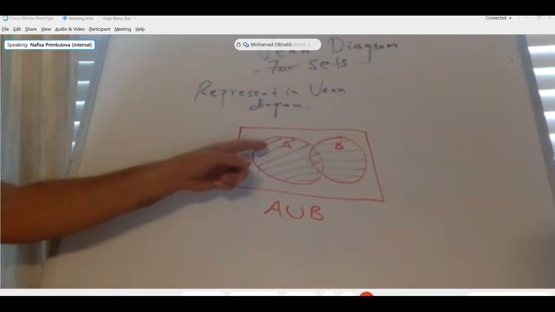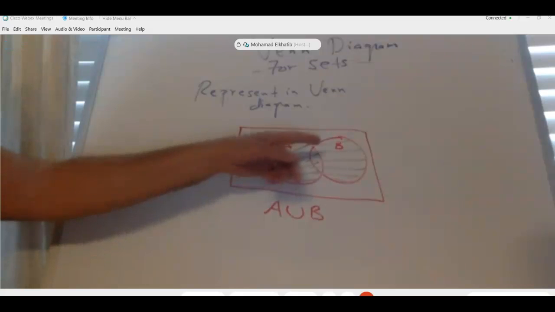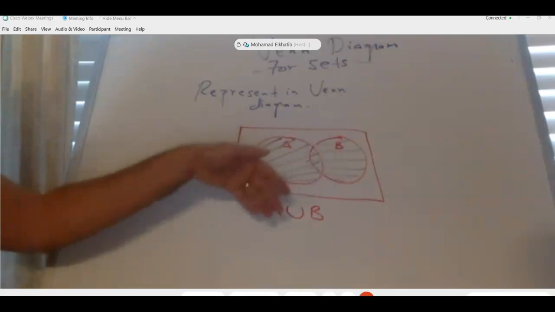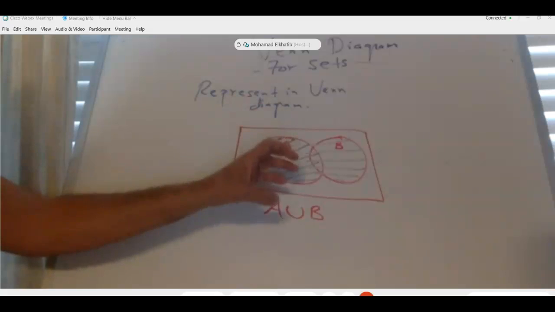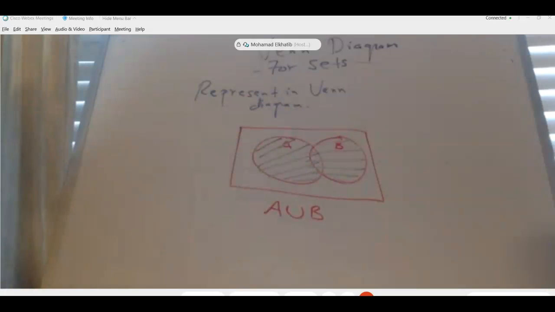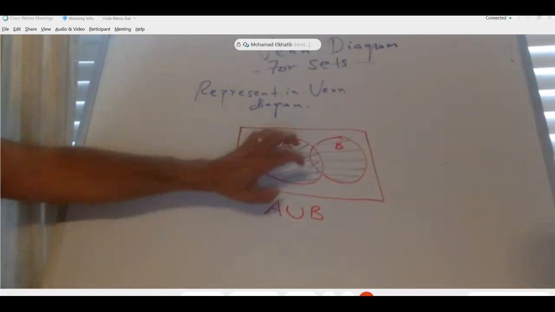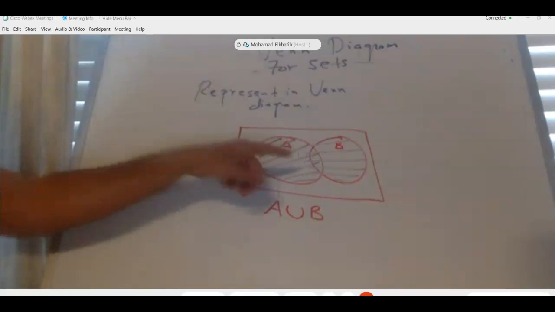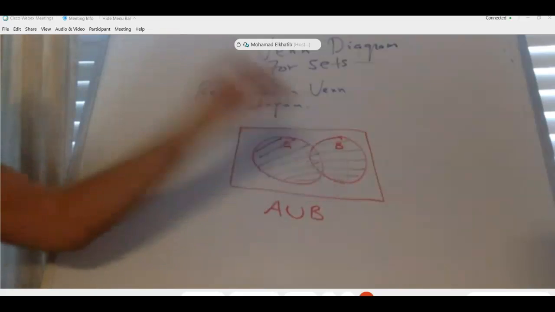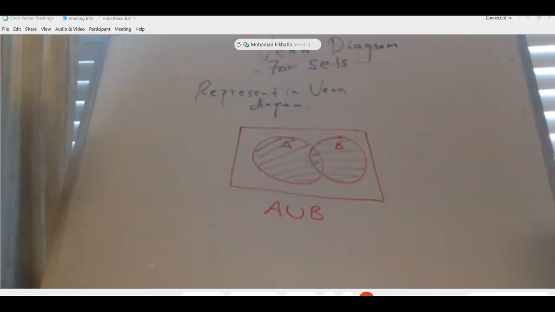Think of A as having the numbers 1, 2, 3, 4, 5, 6, 7, 8, and B as 6, 7, 8, 9, 10, 11, 12. A union B means what? All of them together. That's why you shade all of them: you are putting all the elements together. The circle represents whatever is in A. I didn't tell you what's in A, but it doesn't matter, because A union B means everything together. Are we good?